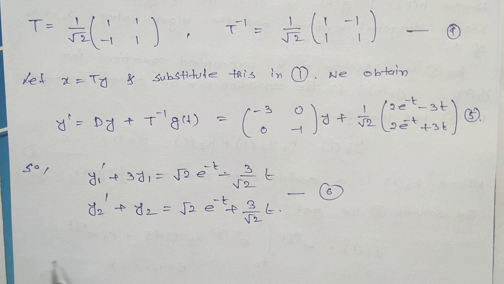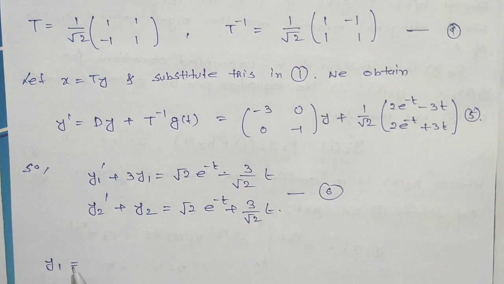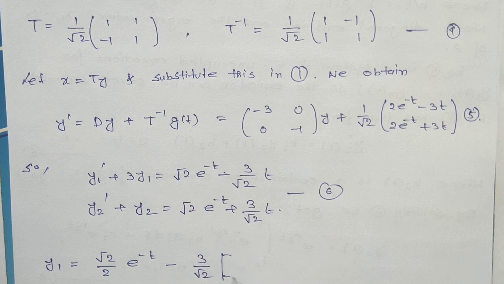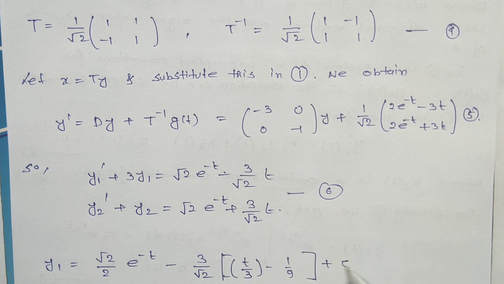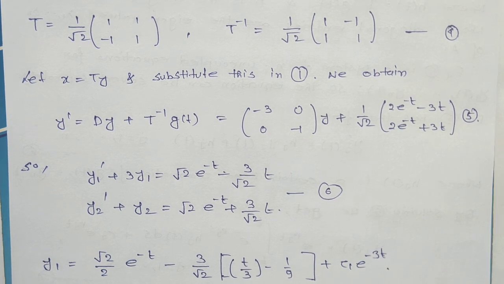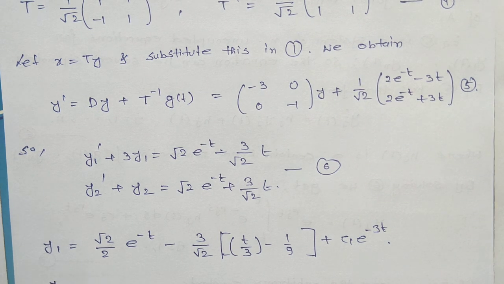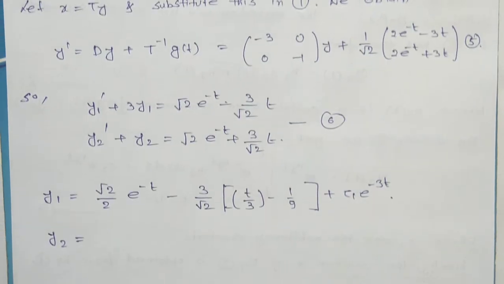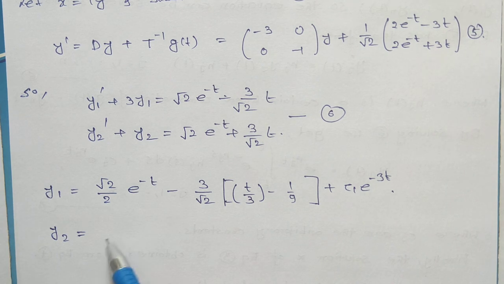So we get y1 equals root 2 by 2 e to the power minus t minus 3 by root 2 times (t by 3 minus 1 by 9) plus c1 e to the power minus 3t. Similarly you get y2 also, so I just keep it blank.